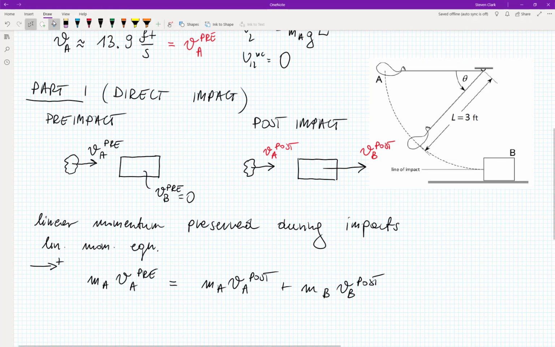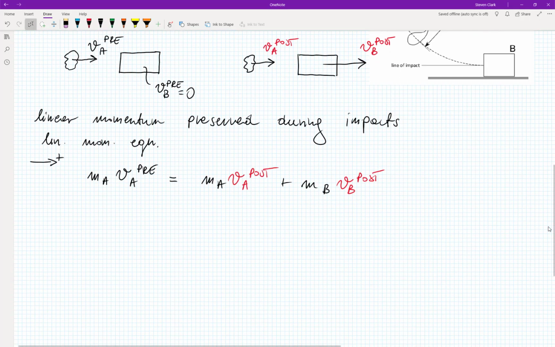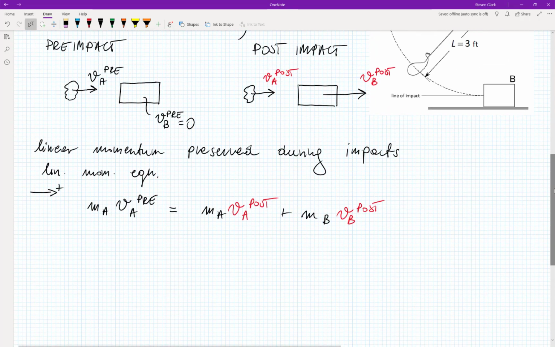Okay, and we have one equation and two unknowns. So we need a second equation, right? And this is where coefficient of restitution comes into play. We will just go for the coefficient of restitution equation just to find the second equation. So now coefficient of restitution.